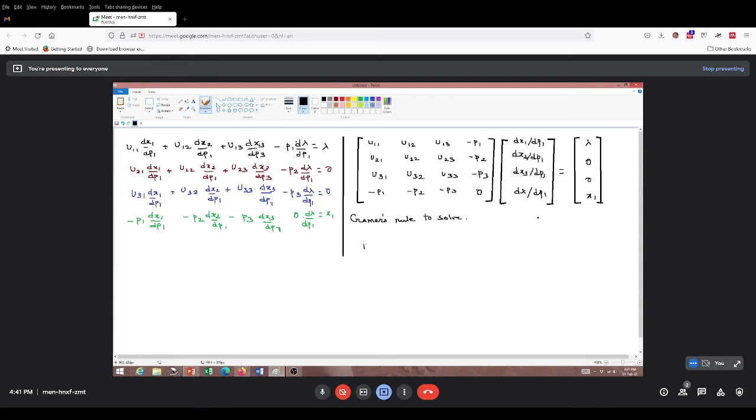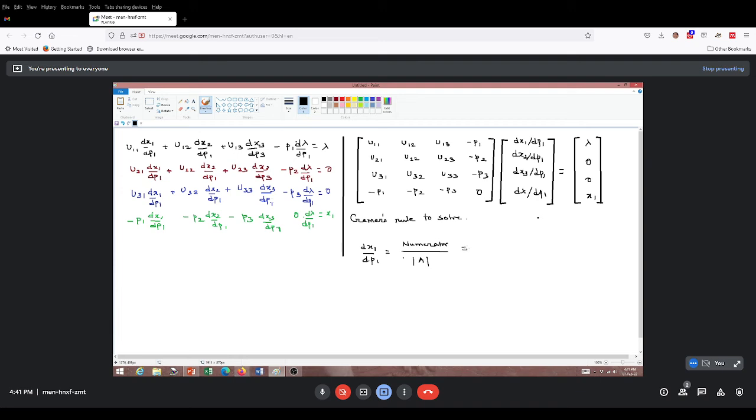According to Cramer's rule, we have dx1 by dP1. Well, you have two terms over here. The numerator, which I am going to look at later. The denominator is the A matrix.